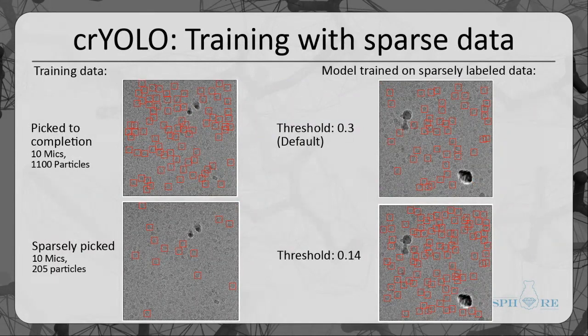And you see it in the lower left corner, only 205 particles on 10 micrographs remaining. And then I trained crYOLO on this sparsely picked training data and applied the model again. And if you use the default threshold, you see, okay, it does miss a lot of particles. But if you then use the CBox files and reduce your threshold to 0.14, you get all your particles and it still avoids contamination.